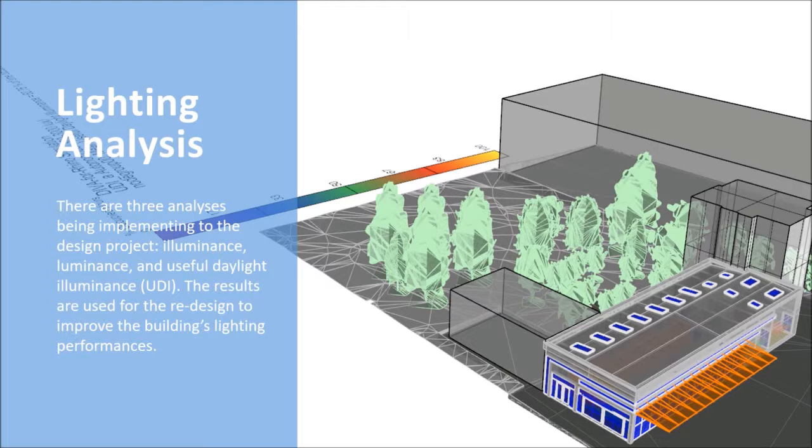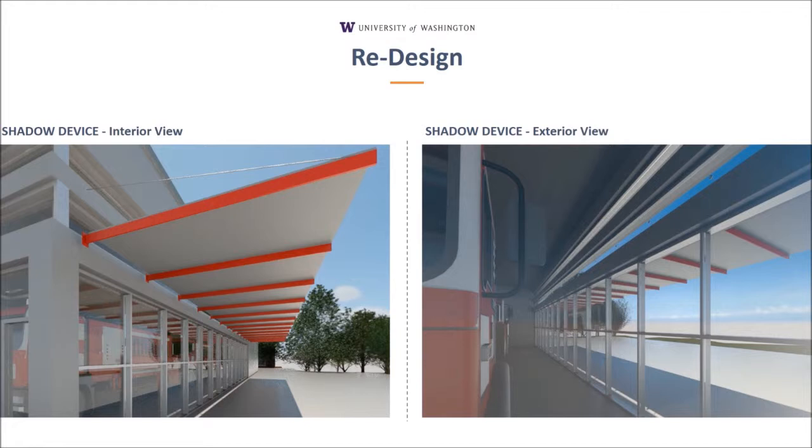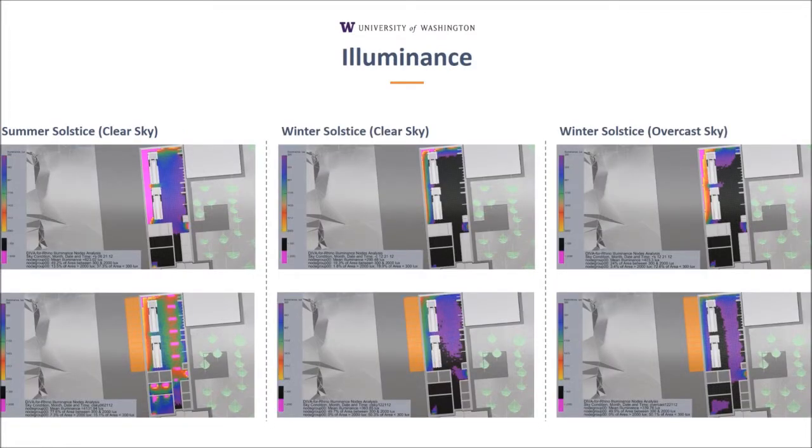Okay, in the very last section, I would like to conclude with the comparison between the daylighting performances before and after the redesign. I would like to re-mention that the redesign includes the skylights for the interior spaces, as well as the shading devices for the exterior. With the aspect of illuminance, the upper row shows the daylighting performances for the original design, and the lower row shows the performances for the redesign.